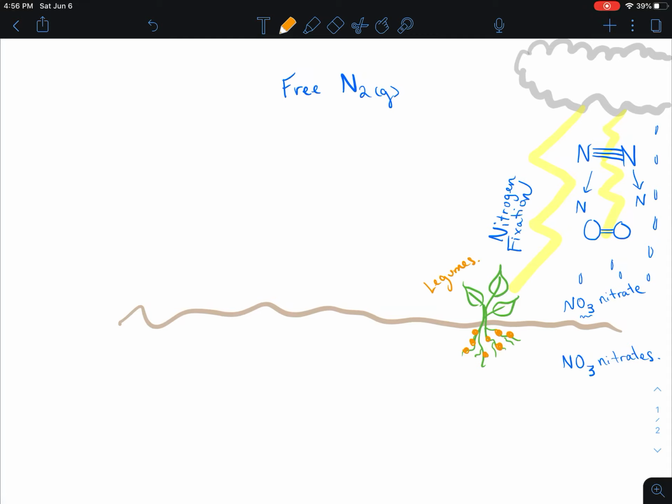So these little knobbies on their roots, they look like they might not be great. They kind of look like an infection or something if you don't know what you're looking at. But these nodules are full of helpful bacteria.